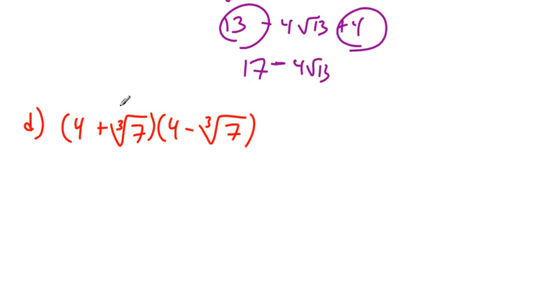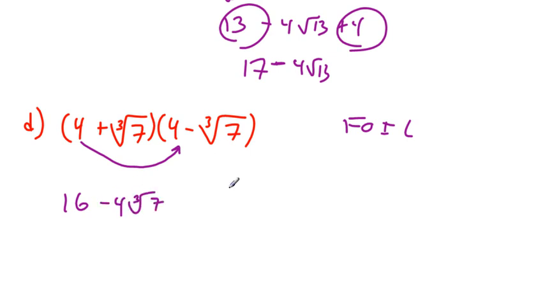All right, let's keep going here. Again, we're doing FOIL. FOIL all day long like it's cool. 4 times 4. Okay, we're going to do this first right here. The first, that's 16. Oh, now we got radical 3s. Oh, trickily. So we have 4 times a negative third root of 7, which is a negative 4 third root of 7. So we just did this.